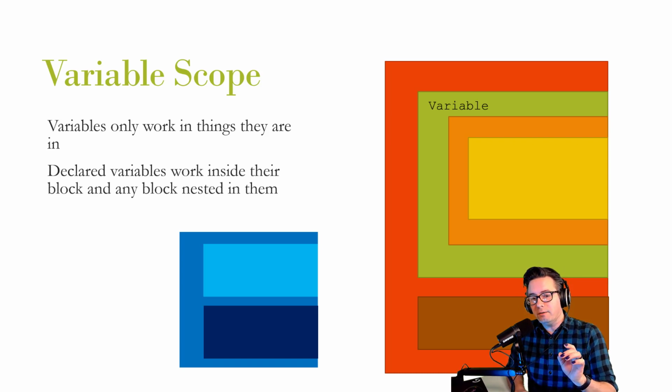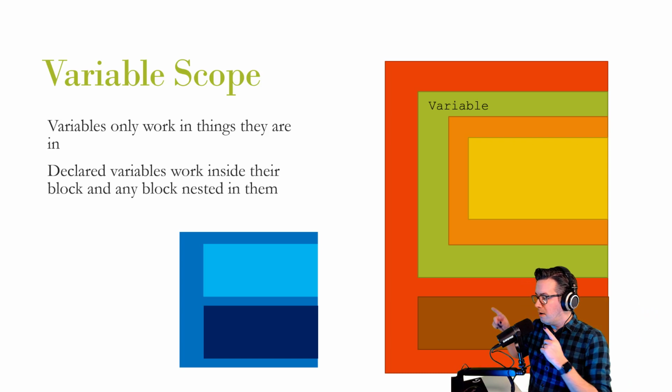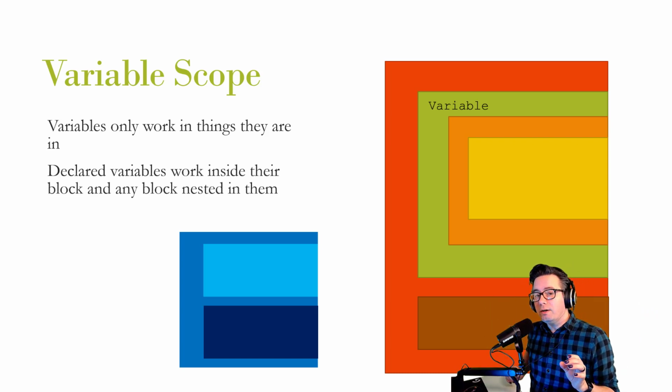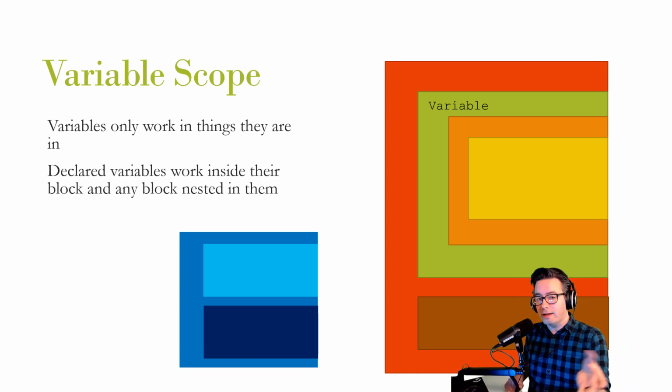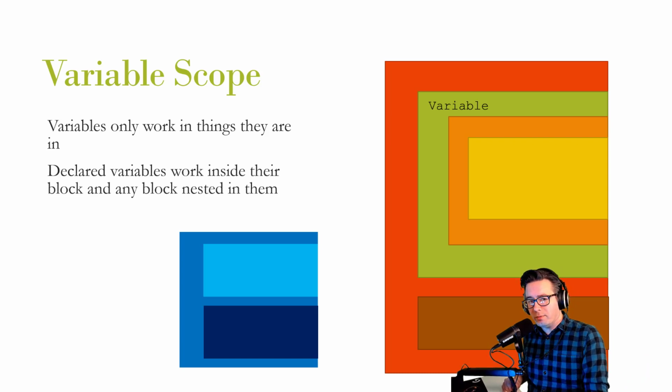Like the brown block right here, that variable wouldn't be able to be used in that block. In order for us to use it in that brown block, we'd have to put it in the red block first, so then it could be used in the green, the orange, the yellow, as well as that brown or burnt orange, whatever you want.